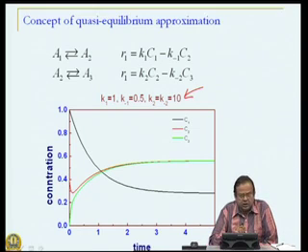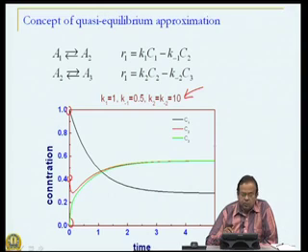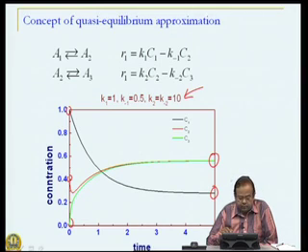My initial conditions are still the same as before, and I find that my final value of C3 by C2 is still unity, because K2 and K minus 2 both are equal. So, at equilibrium both C3 and C2 are equal, and the C1 value is the same as before. So, initially I started with the same initial concentrations, finally I end up with the same concentration.